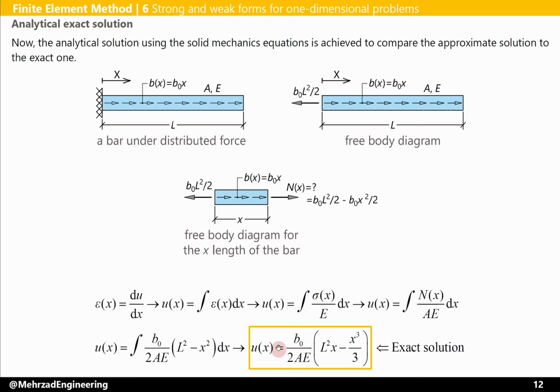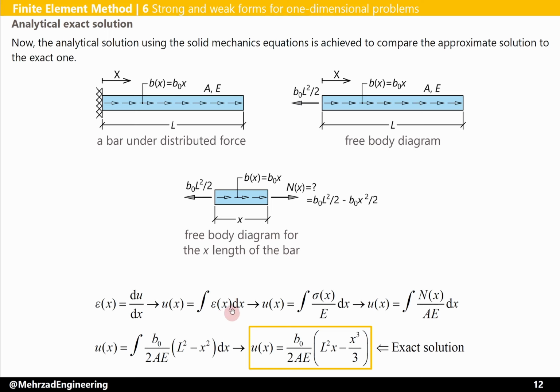Then to find the displacement function of the bar at any distance along this bar, we could use the definition of normal strain, which is epsilon of x equal to the first derivative of u. So displacement will be the integration of normal strain on the length of the bar.